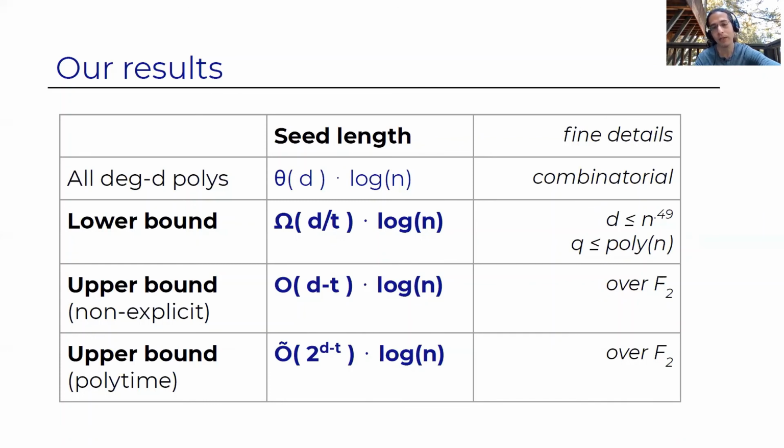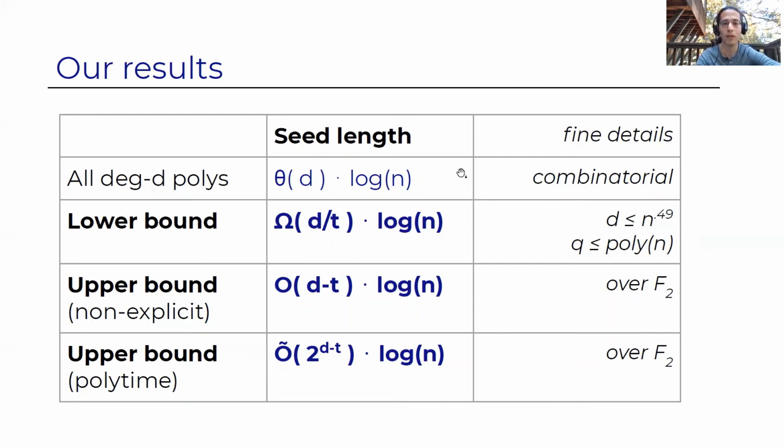And this says that we can do better in case t is additively close to d. And our explicit polynomial time computable hitting set generator is exponentially worse. It has seed length 2 to the d minus t times log n. And this is where, in the previous slide, I said that if t is additively close to d up to log n, then we get something non-trivial here.